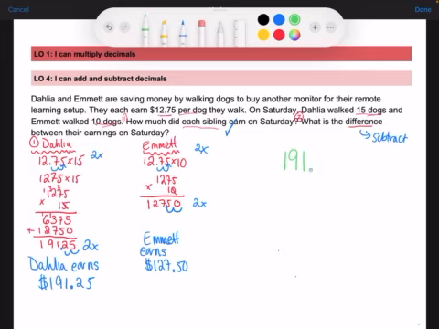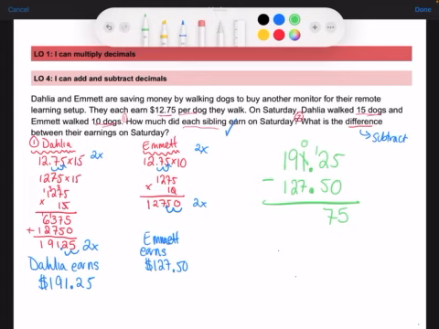So I'll start with Dahlia. She earned more, $191.25. I'm going to subtract out Emmett's amount, and I'm going to make sure that my decimals are lined up. And now I can just subtract. So 5 minus 0, 5. 2 minus 1, I've got to borrow from that 1. 12 minus 5 is 7.